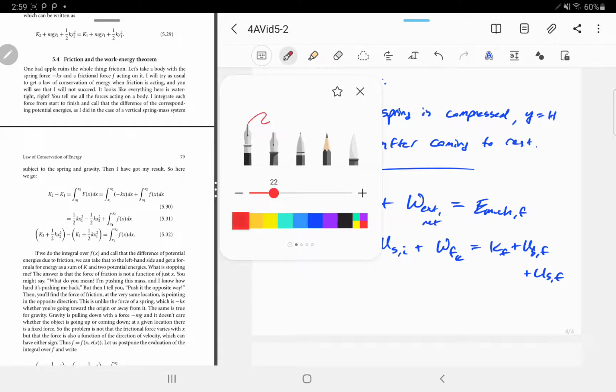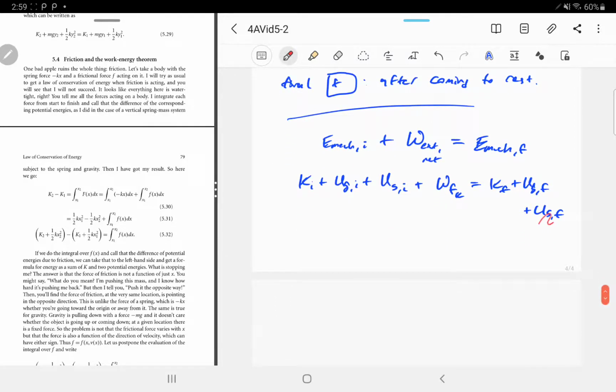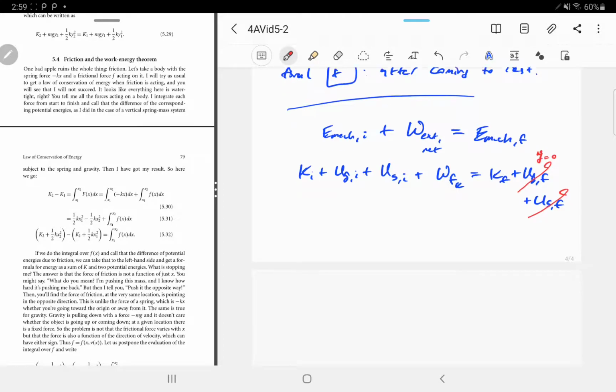So now all of these are actually 0. The spring is no longer compressed after the thing shoots off. Our final potential energy is going to be 0.